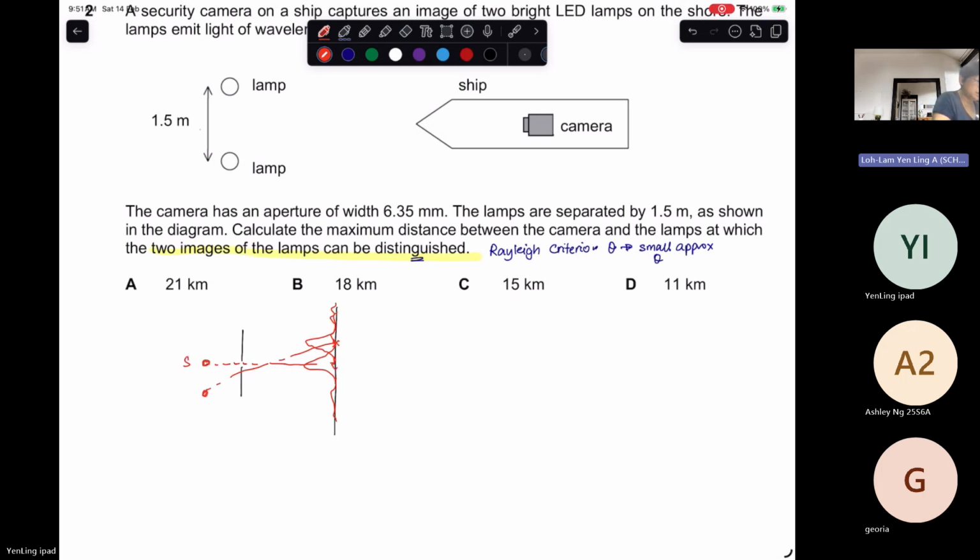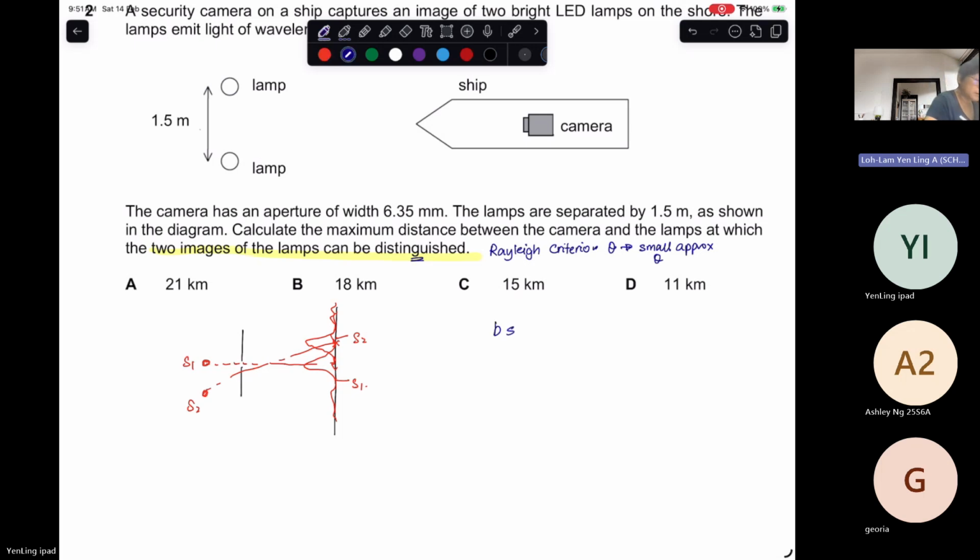If this is source 1, this is the image for source 1, and this is the image for source 2. Source 2's central maximum overlaps with the first order minimum of source 1. That is the criterion for them to be distinguished from one another. So from that, now we can actually solve the question.